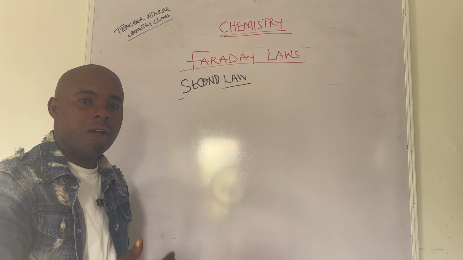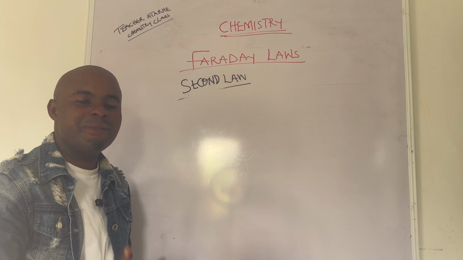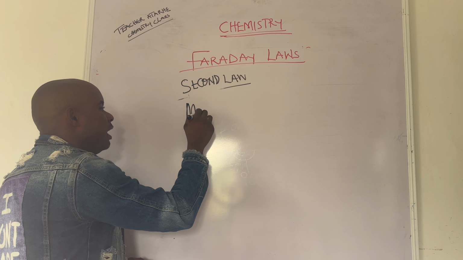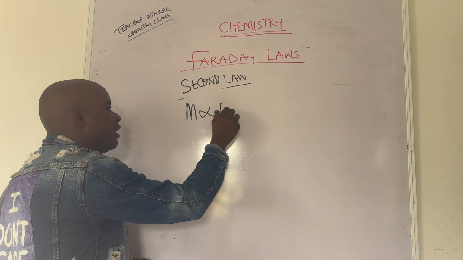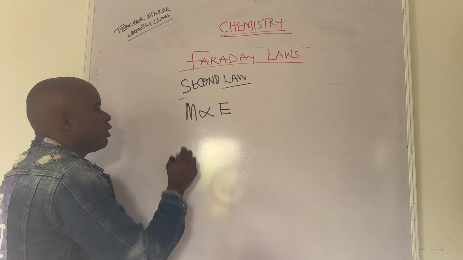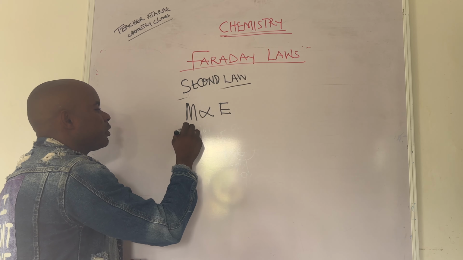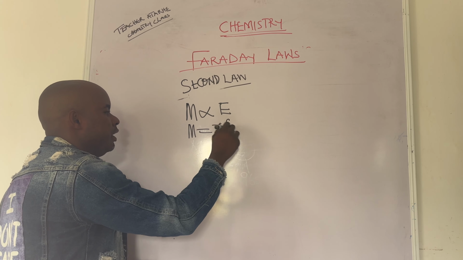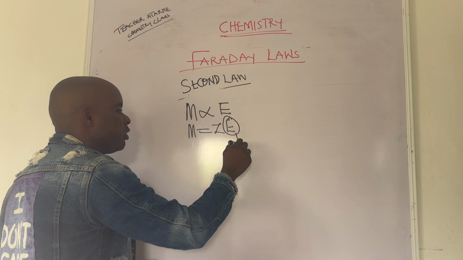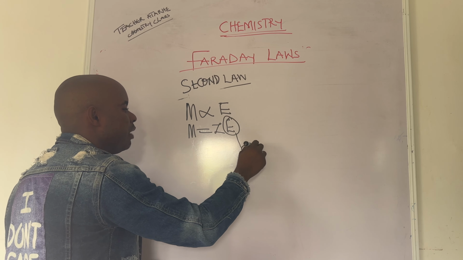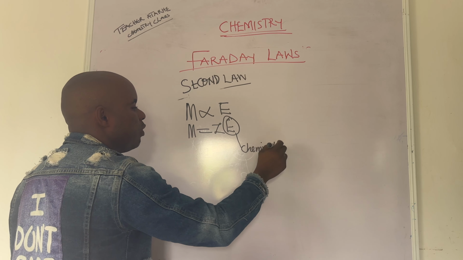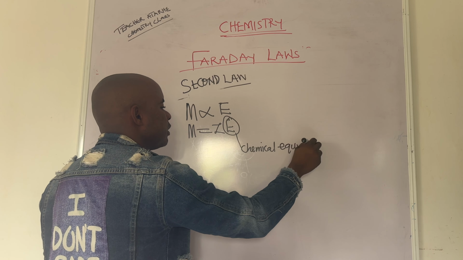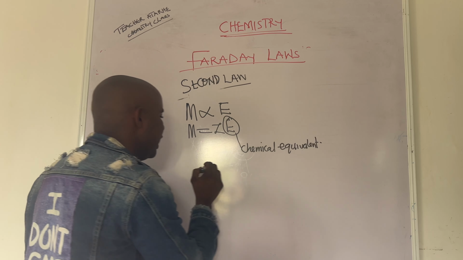If the same quantity of electricity is passed through different electrolytes, mass m is directly proportional to the chemical equivalent. Removing the proportionality, we have m equal to Z E, where E is the chemical equivalent, or equivalent weight.